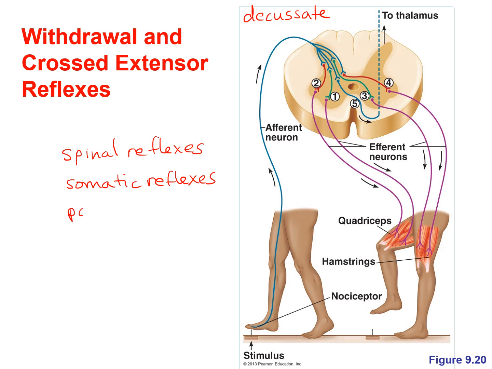So we just showed that these were all polysynaptic reflexes. And then are these innate or conditioned reflexes? So these will be innate. So you don't have to learn how to do these. You're just born knowing how to do this.